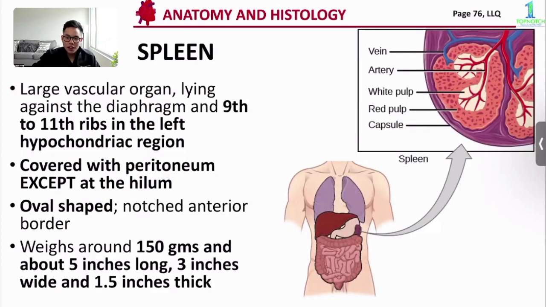Then you have a very important organ, your spleen. So the spleen lies beneath the diaphragm, against the 9th to 11th ribs in the left hypochondriac region. The reason why I'm bolding the 9 to 11 is because this is a very important concept for trauma in patients who underwent trauma, like an MVA, a motor vehicular accident or a collision.